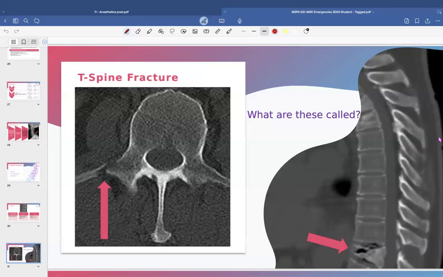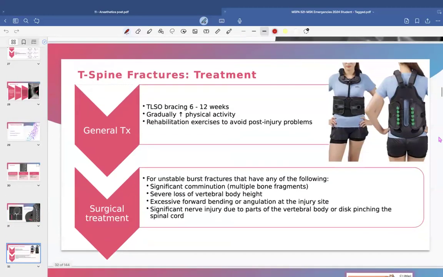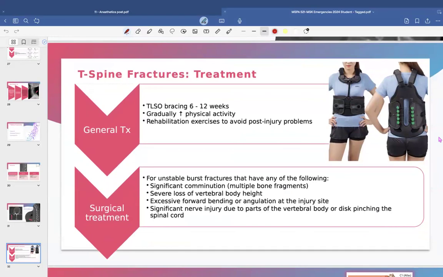For compression fractures, a lot of times you can just brace them. There's something called a Helix scale, not on your stuff, but it reads your fracture morphology, your ligamentous injury, and any neurologic injury on a scale, determining whether it's operative or non-operative.